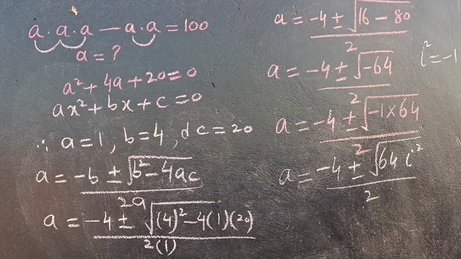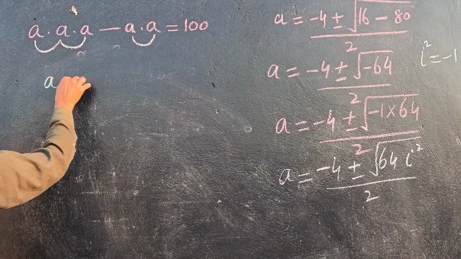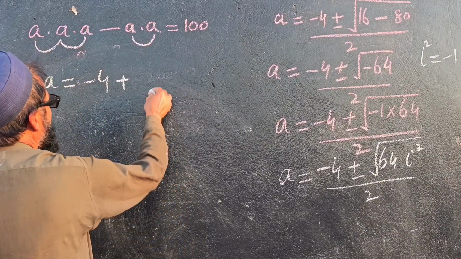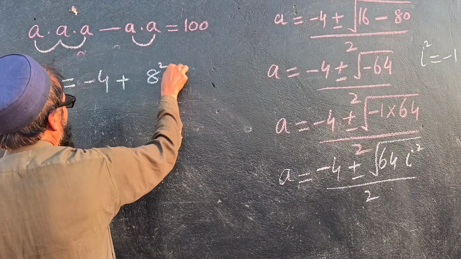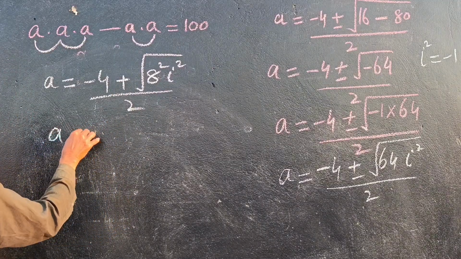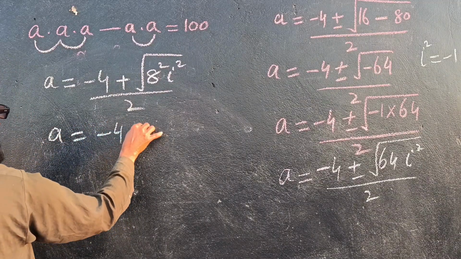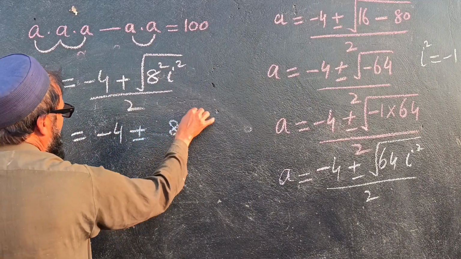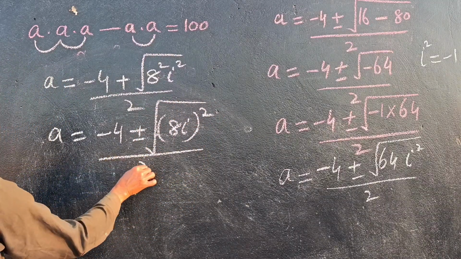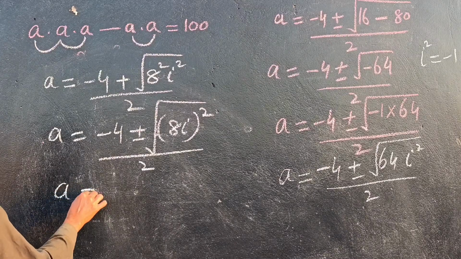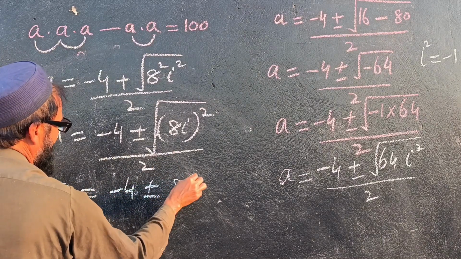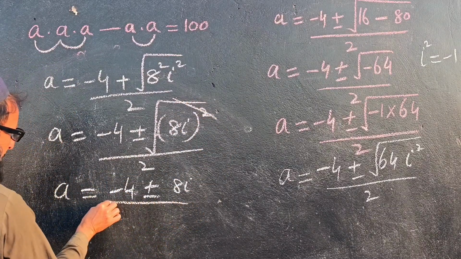Now we get a is equal to minus 4 plus or minus the square root of 8 square iota square, divided by 2. Both are squares, so we can write it as one term: a is equal to minus 4 plus or minus 8 iota, divided by 2.